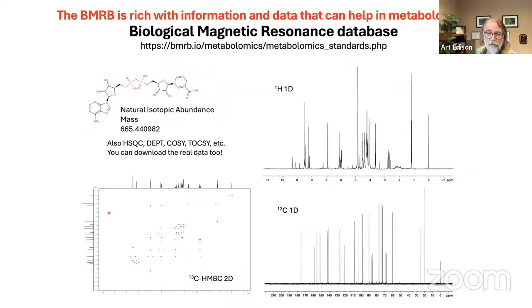I'll tell you a little bit about what 2D NMR is toward the end of this, and you'll hear more tomorrow and on Friday as well. You get all sorts of different data sets that are freely available. They're real, experimentally derived data sets. They're extremely useful. We use BMRB resources all the time in our lab, and I recommend that you get familiar with it.